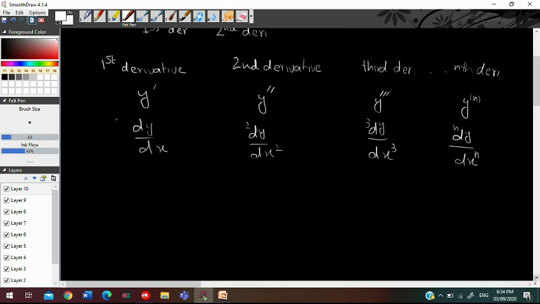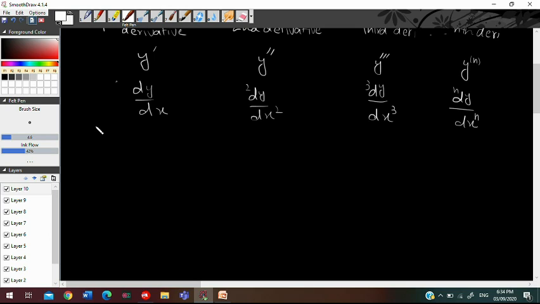This is one way to represent the derivatives. This is the first method, second method, now third. We can represent the first derivative like y1. Here you can write y1 shows the first derivative of the function, y2 represents the second derivative, y3 the third derivative, and yn the nth derivative.